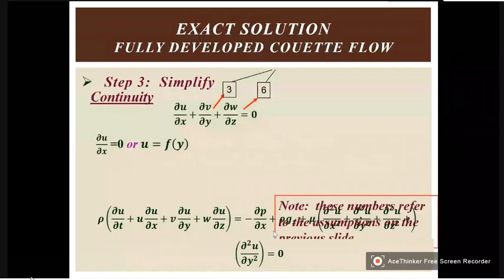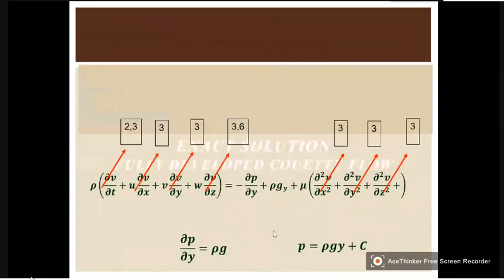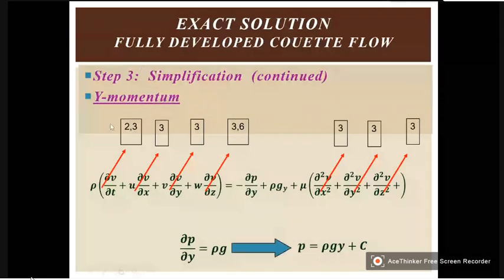We will consider the y momentum equation. Now the y momentum equation again can be simplified in this way.